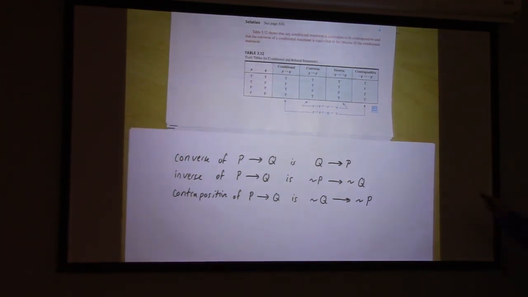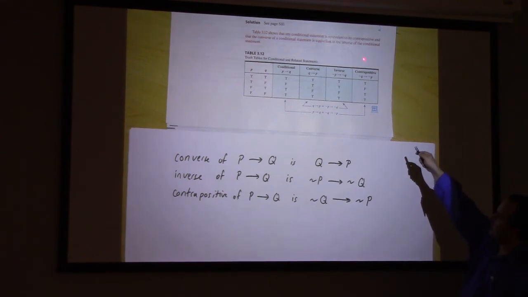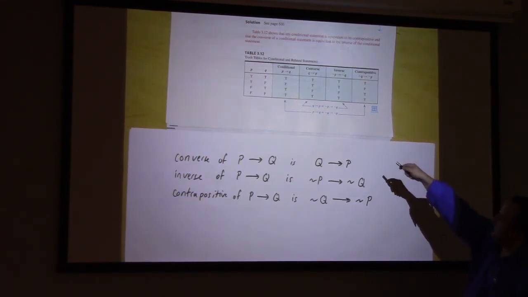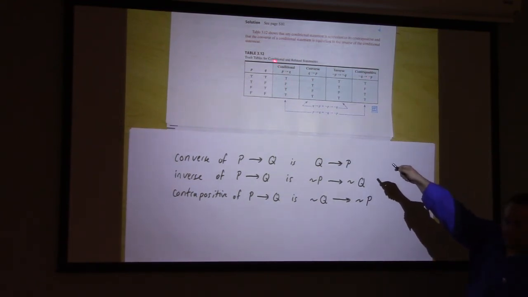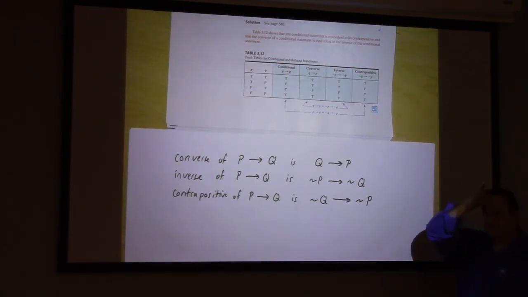And if you look at this, you see that the contrapositive has the same truth values as the conditional, right? So the contrapositive is logically equivalent to the conditional. But on the other hand, the converse and the inverse are not logically equivalent to the conditional. However, they are logically equivalent to each other, right?